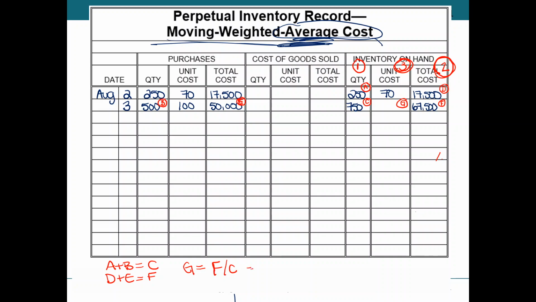So here we take the 67,500, divide it by the 750 that we have. And that gets us our weighted average cost. So 67,500 divided by 750 gets us to $90. And the question said to round to the nearest cent for presentation, so that's why I put the double zeros there.